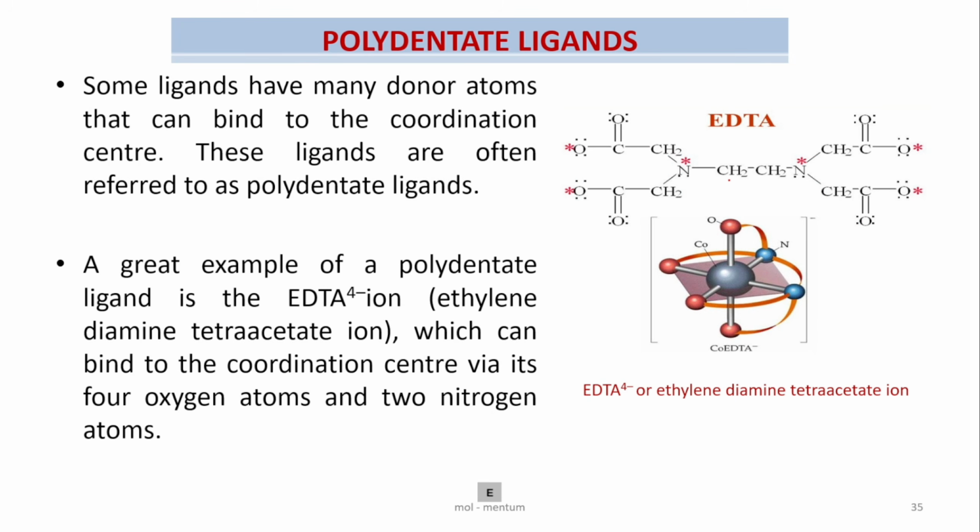That is why the name is ethylene diamine tetraacetate. We write it as EDTA. You can also write 4 minus, because one negative charge here, 2, 3, 4. So EDTA 4 minus, this is the structure. These are examples of polydentate because it can donate electrons from this side, this side, this side, and this side. Denticity is 4.